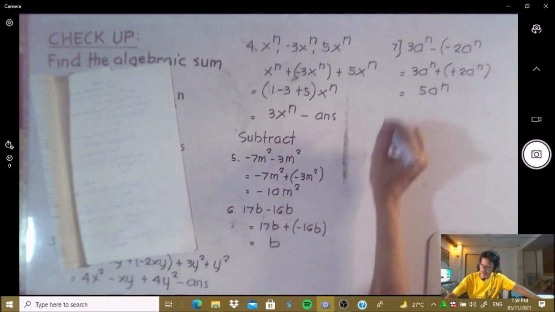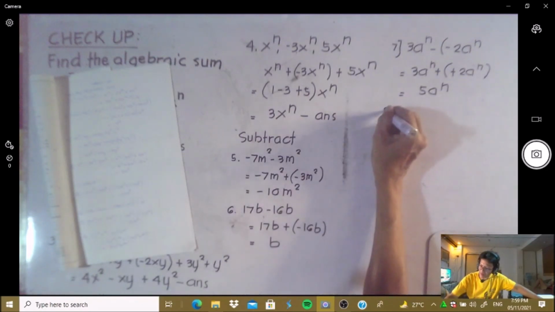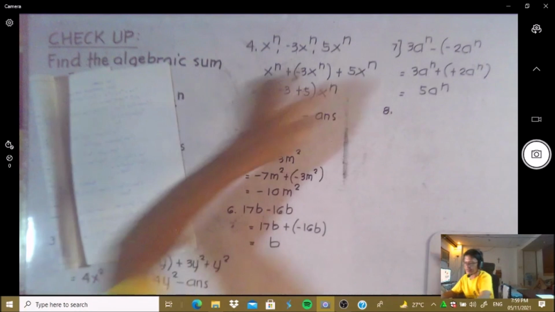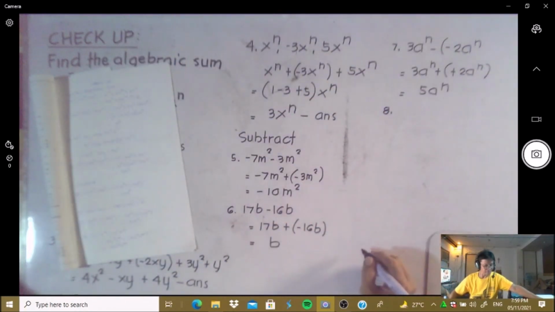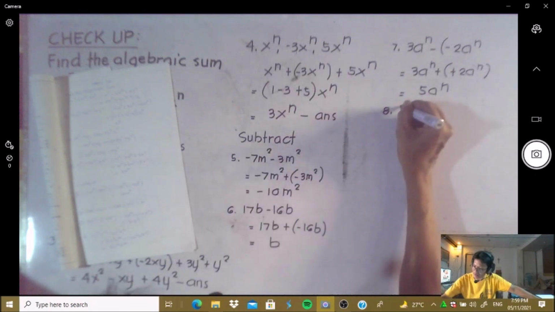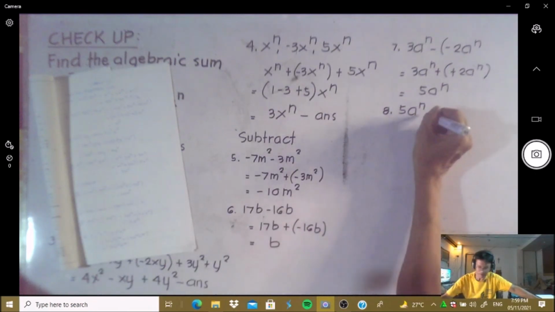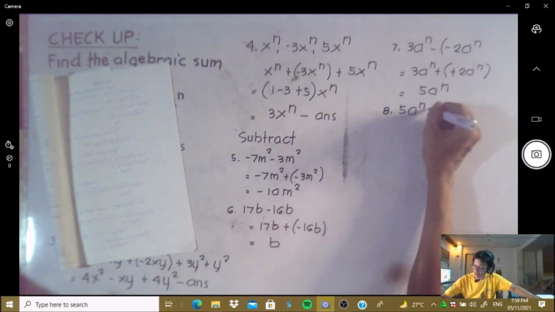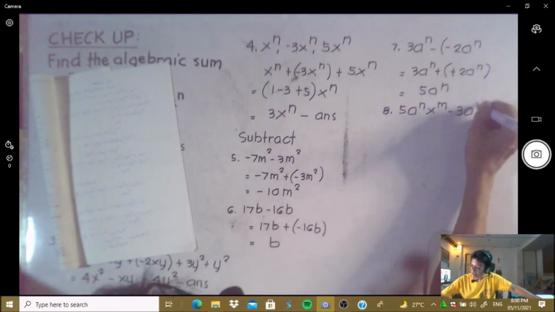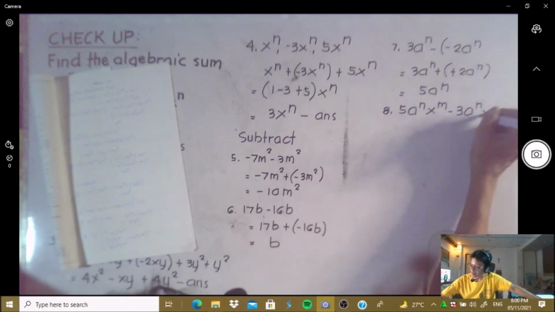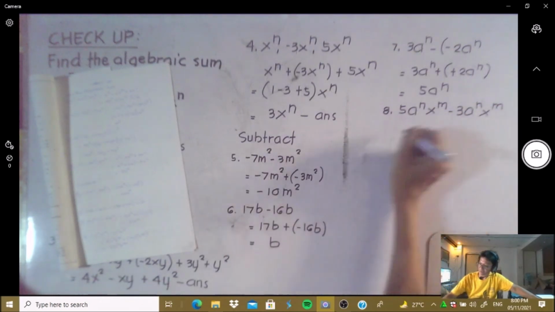For number 8, okay, for number 8, we have 5a raised to n, x raised to m, minus 3a raised to n, x raised to m.